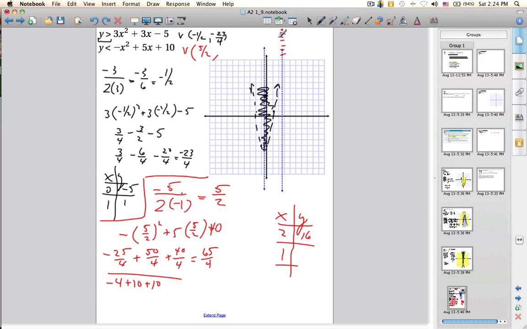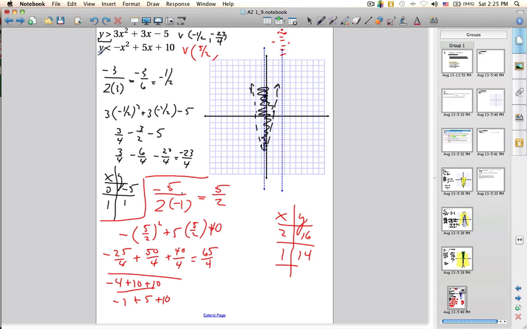So really close here, right about there. And I'll have the same point on the other side. And then when I plug in 1, I'll have the opposite of 1 squared, which is negative 1, plus 5 times 1 is 5, plus 10, so negative 1 plus 5 is 4, plus 10 is 14, there we go, and over here.